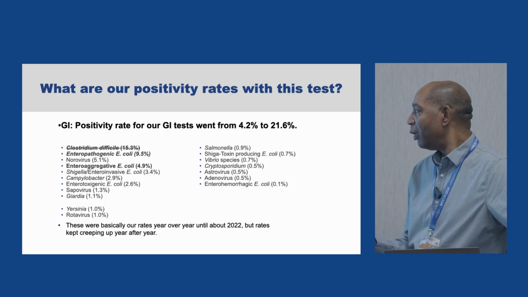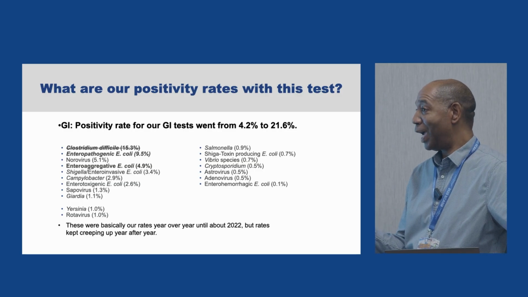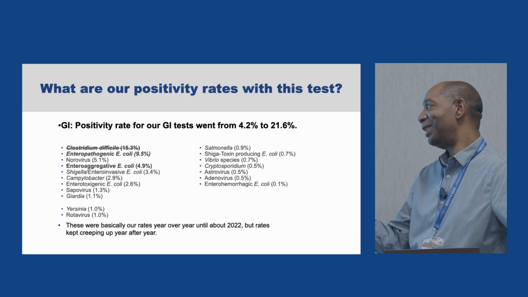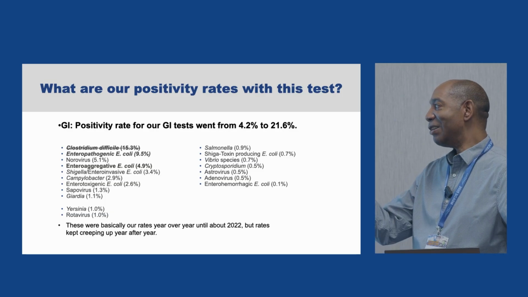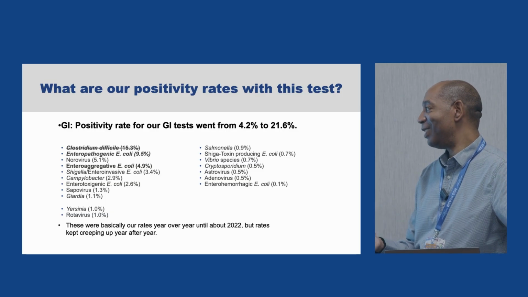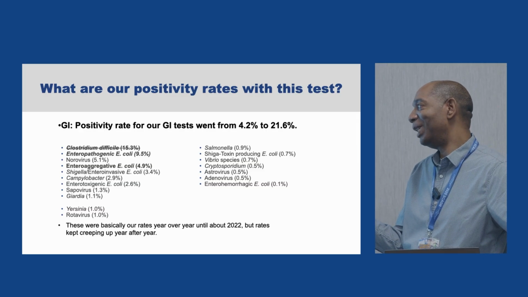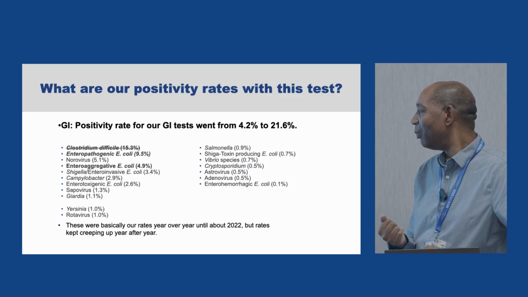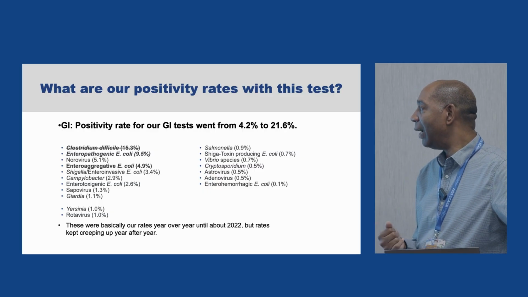Meaning, as I had said, we didn't know sapovirus was in our population. We didn't know astrovirus was in our population. We didn't know what our norovirus positivity percentage was at all. We suspected it was probably our top positive, but it was nice to get some confirmation on that.